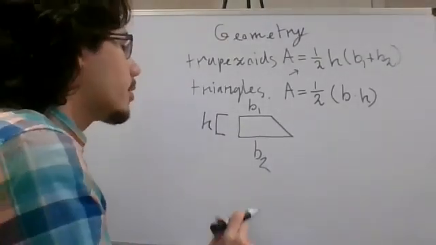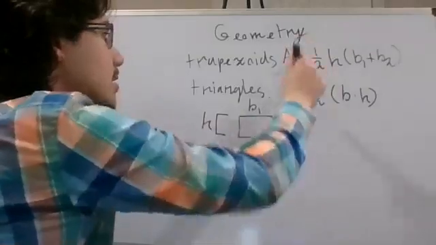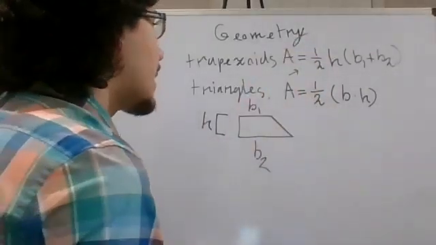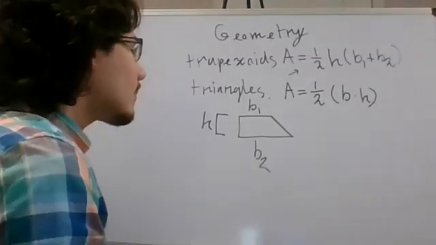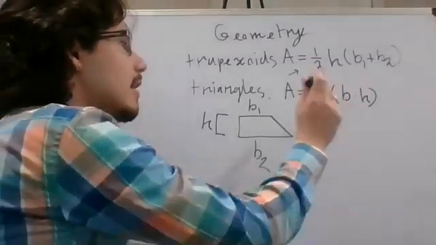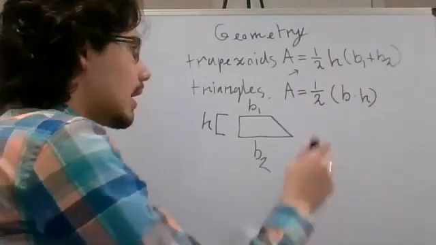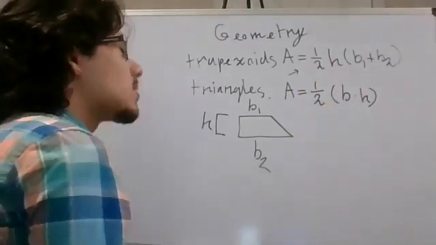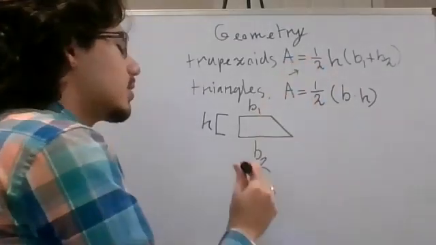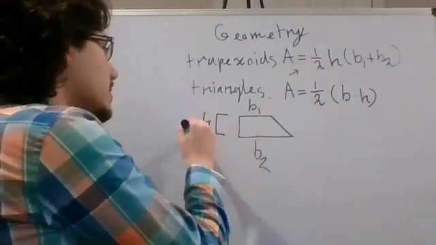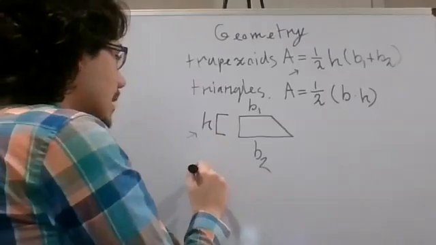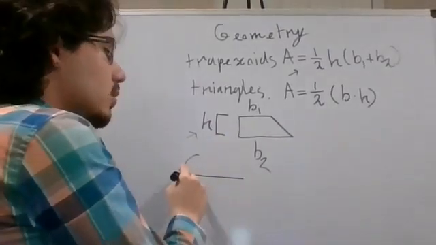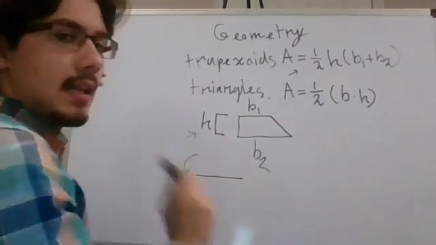Furthermore, when we compared these two equations, the trapezoid and the triangle, we saw that if either the base or the height of a triangle is 0, the area of the triangle becomes 0, as well as if the height of a trapezoid were to become 0, the trapezoid would have an area of 0 because it would be squished into a little line segment like this.